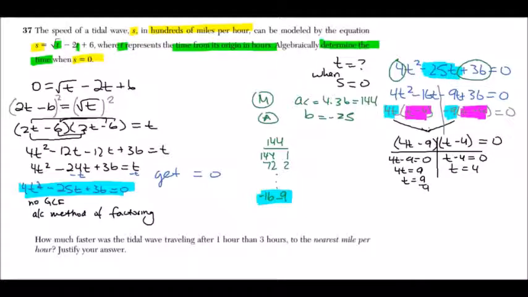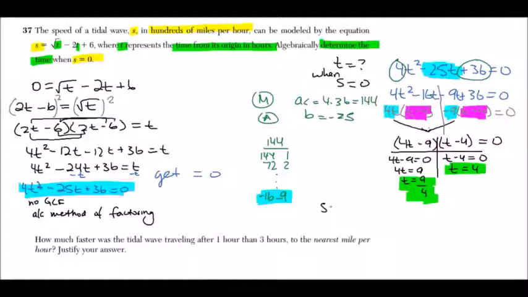Now, this looks pretty good, but we do have to verify that one of these is not an extraneous root. So what we now want to do is substitute both of these values of t into the original equation to be certain that our s is indeed 0.